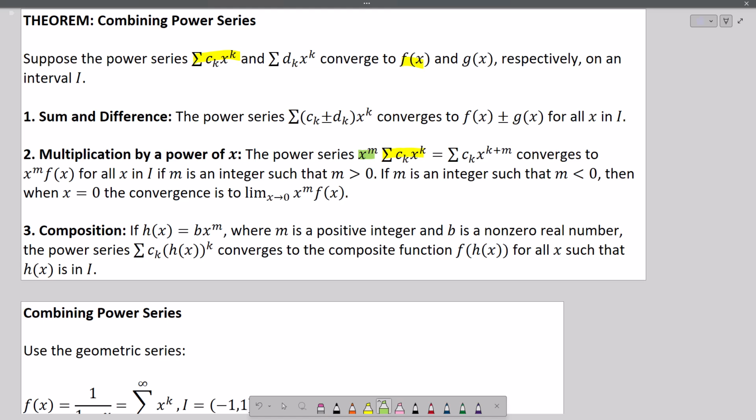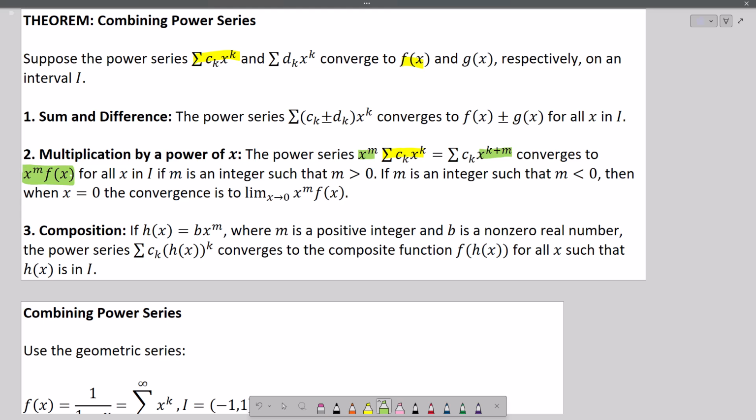There's no k on this thing out here, so it's constant with respect to k. It can just slide inside and create an exponent inside that's x to the k plus m. This is going to converge to the function multiplied by x to the m.